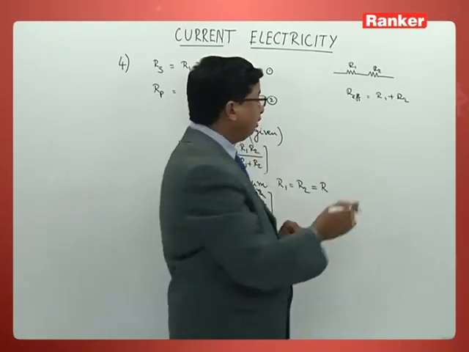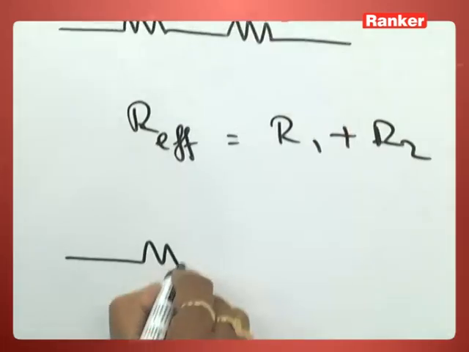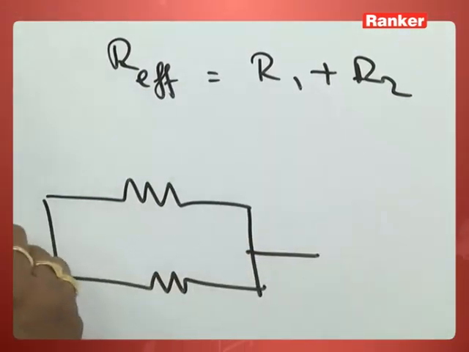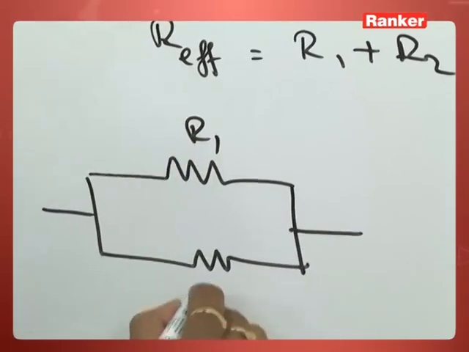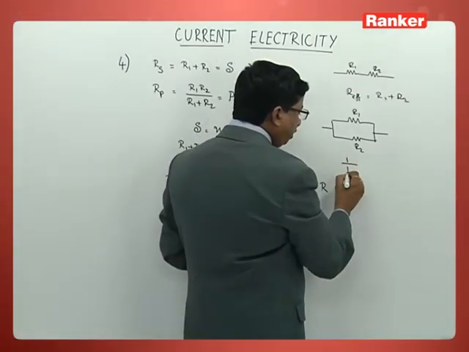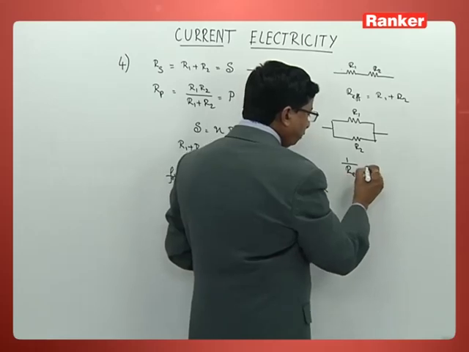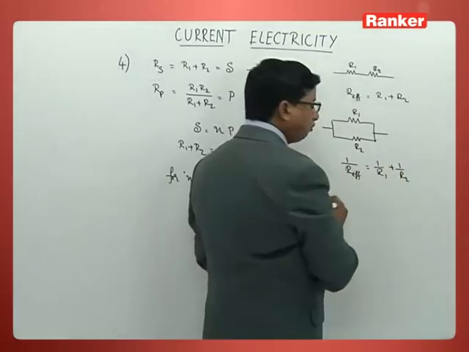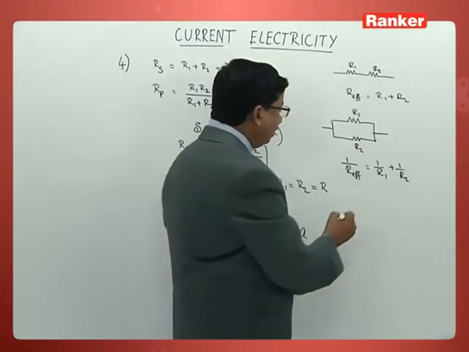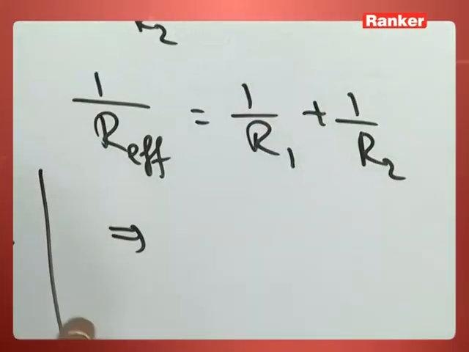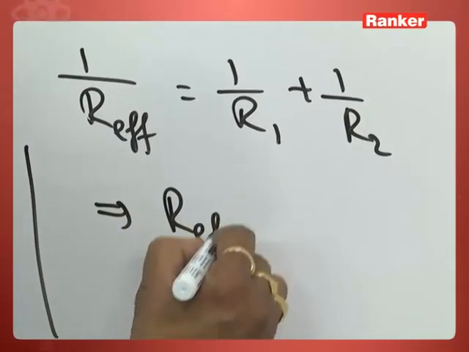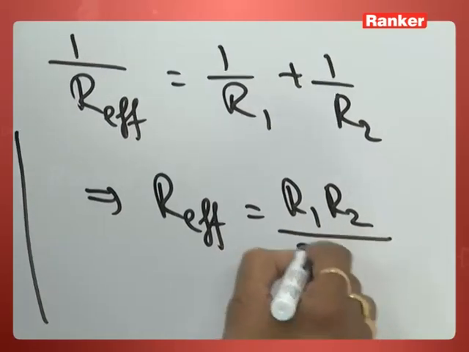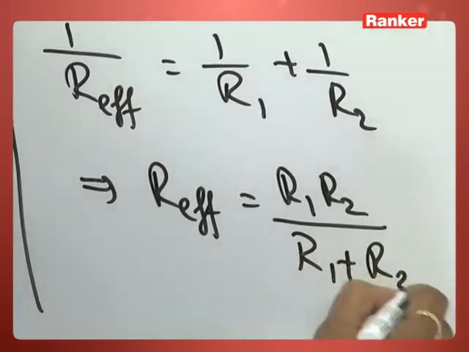Exactly in the same manner, when these two resistances are connected in parallel this way, this I take as R1, this I take as R2, then 1 by R effective is equal to 1 by R1 plus 1 by R2. In other words, you can even write the same like this also: R effective is equal to R1 R2 by R1 plus R2.